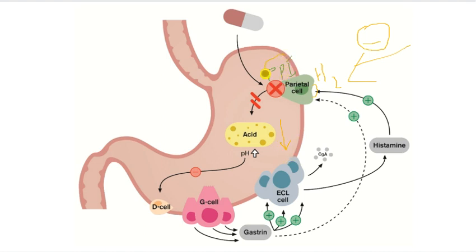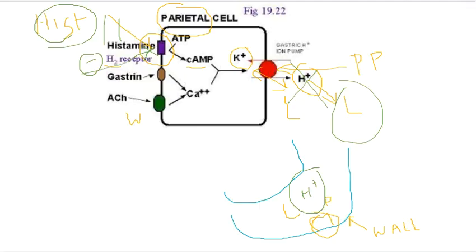Another option is proton pump inhibitor, which can also decrease the acidity. In a proton pump inhibitor, what happens? The drugs can block the proton pump.